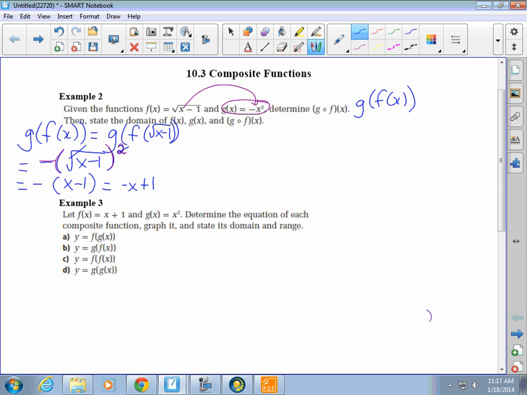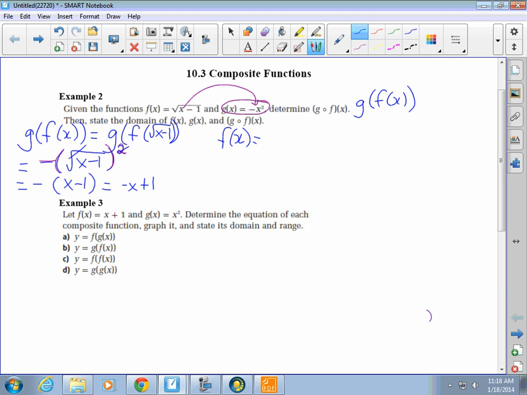This asks you to do the domain of this function. So remember, domain is what's going to give you your restrictions. That's why for all of these, when we've done these functions in this chapter, we've only really looked at the domain. A few questions asked you for the range, but we focus more on the domain. So what that means is I need to look at my f of x and figure out the domain for that, and then I have to figure out the domain for the g of x.